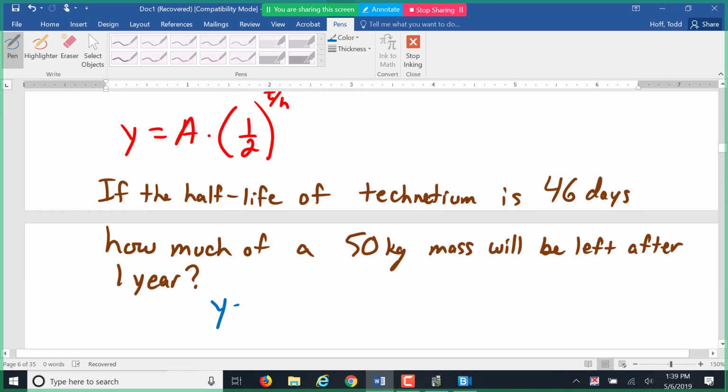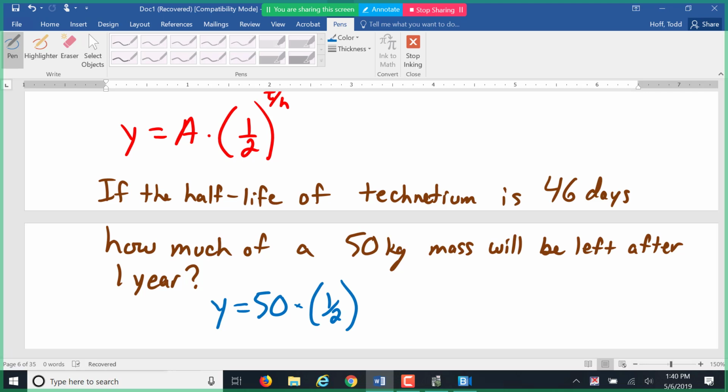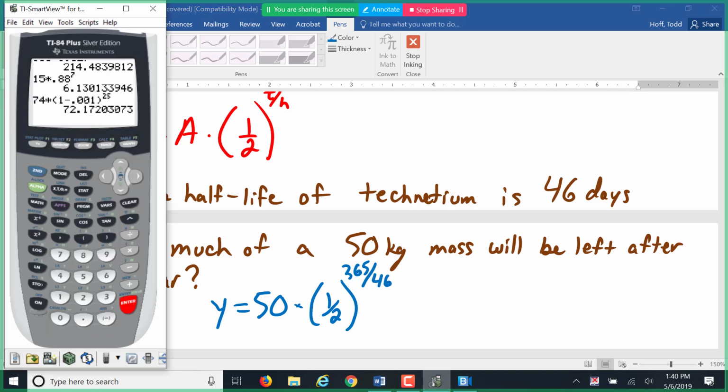So, Y is going to be the amount left, equal to the starting amount of 50 times 1/2 to the power of, well, our half-life and our time have to be in the same units. So I can't have 1 year and 46 days. So I'm going to write the 1 year as 365 days over 46 days, my half-life. In my calculator, I do have to use parentheses in my power.